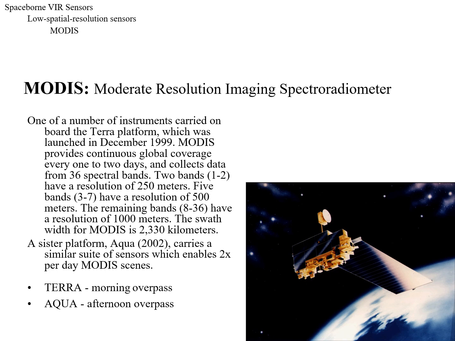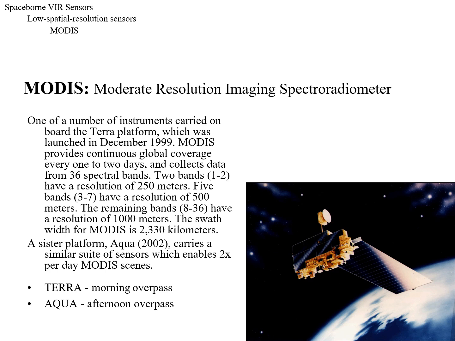So MODIS is carried on the Terra platform, which was launched in December 1999. It's then also carried on Aqua, which was launched in 2002 and has a similar suite of sensors. So you get almost 2 images per day for the Earth surface.